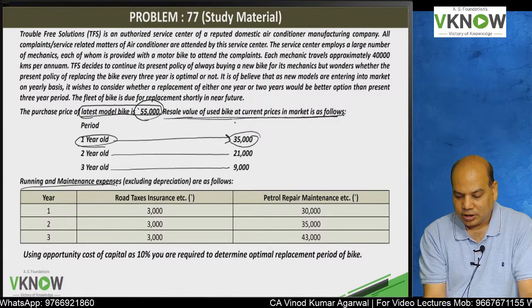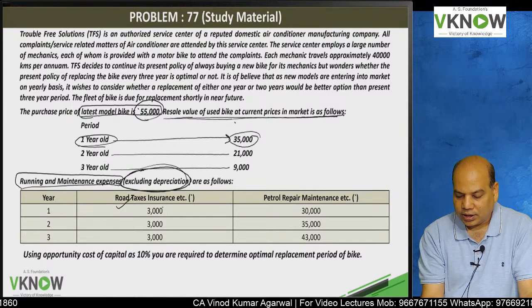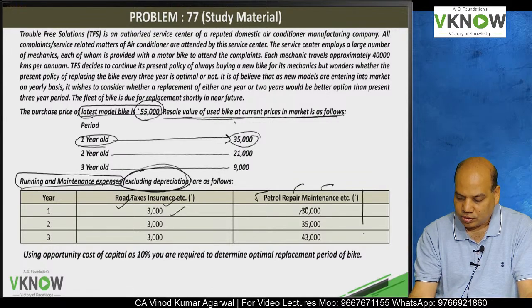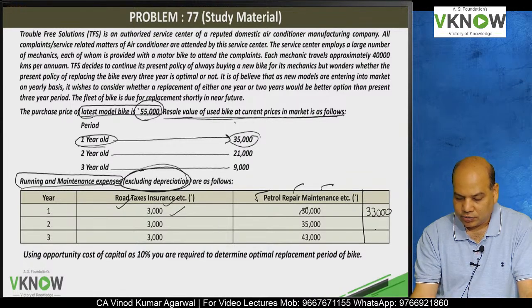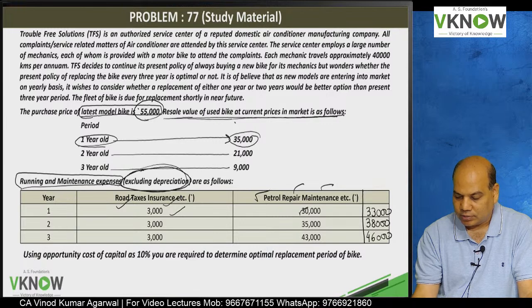And running and maintenance, excluding depreciation, meaning cash expenses, are as follows. Road tax, insurance 3,000, petrol, repair, maintenance 30, which means you have to incur 33,000 in the first year, 38,000 in the second year, 46,000 in the third year.